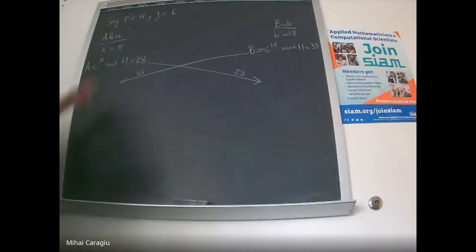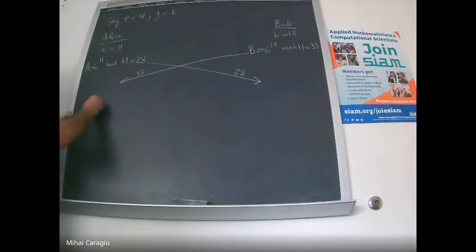So Alice receives the 33, let's see what Alice is doing. She receives 33, and she raises 33 to the power of her private key. So Alice does the following calculation: 33 to the power 11 modulo 41.